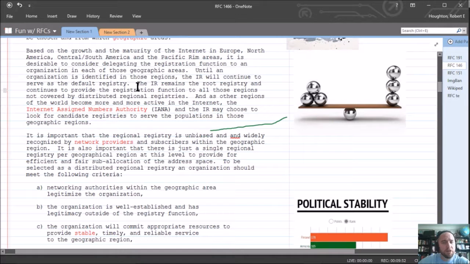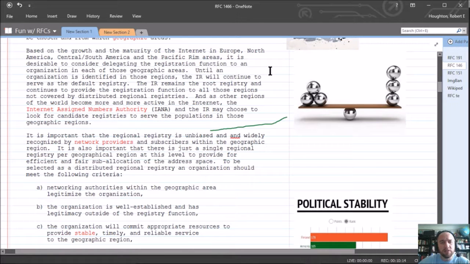Based on the growth and maturity of the internet in Europe, North America, Central, South America, and the Pacific Rim areas, it is desirable to consider delegating the registration function to an organization in each of those geographic areas. Until an organization is identified in those regions, the IR will continue to serve as the default registry.